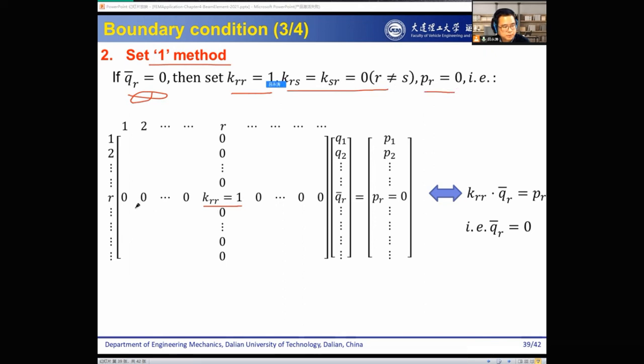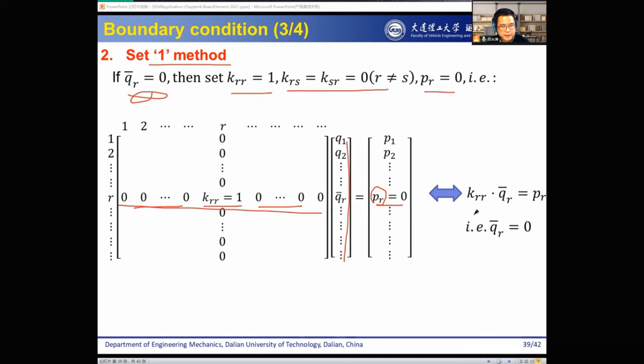So those are 0, and we set this to 0. When we set up those, we do the matrix operation: this one times this one equals this one.